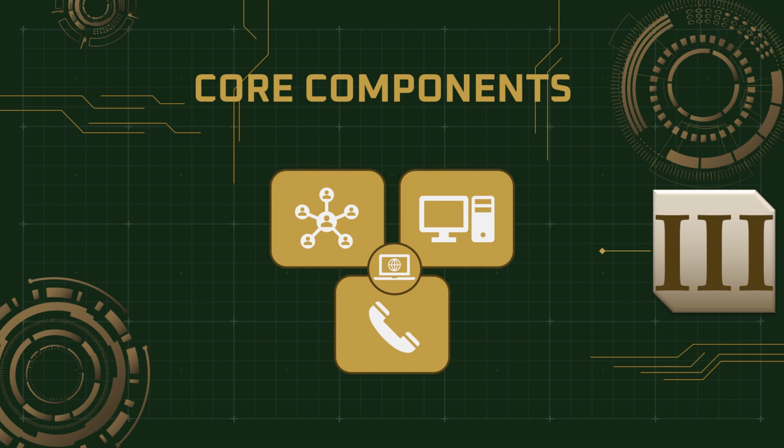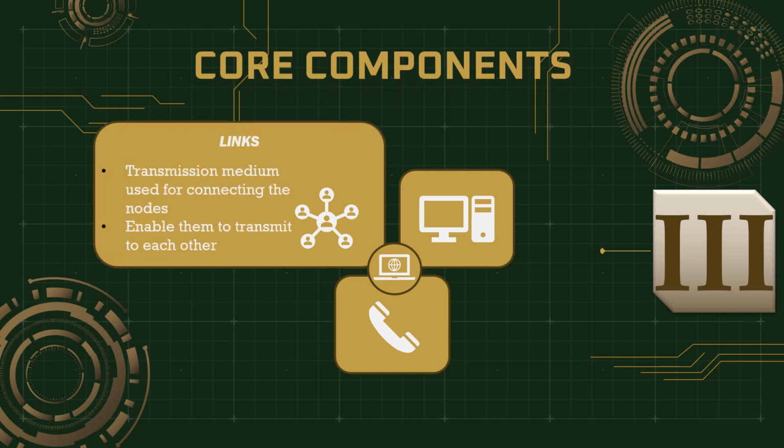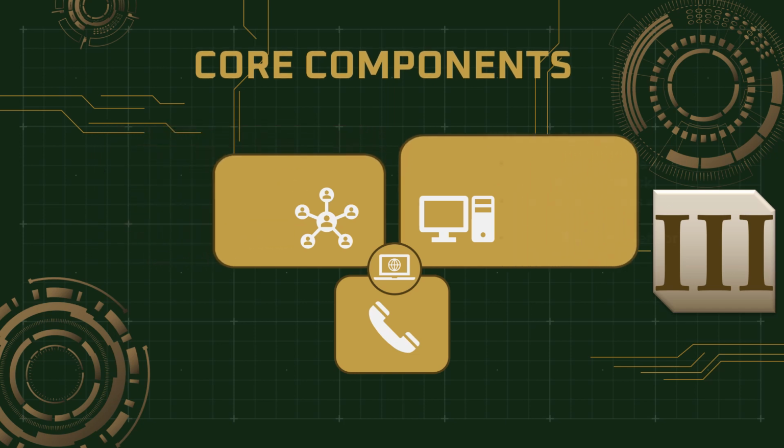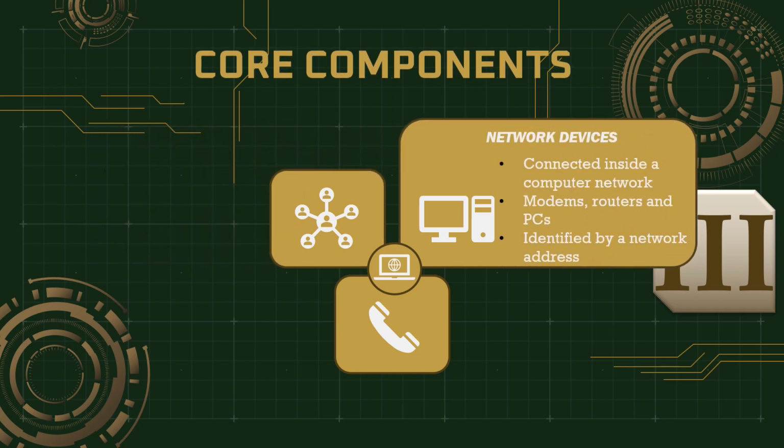Alright, so next we're going to move on to core components, which consists of three things. Firstly, we have links, which is a transmission medium used for connecting the nodes. This connection will enable them to transmit to each other. After that, we have network devices, which are connected inside the computer network, for example, modems, routers, and PCs.